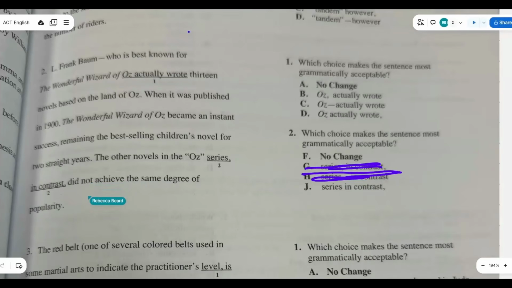Okay, and then on J, the other novels in the Oz series in contrast did not achieve. So you can have singular commas. It's normally going to be an introductory clause when there's just one comma, and what you would look for is the subject after there, but it doesn't really have the subject right there. So eliminate J. But here is my big freebie.